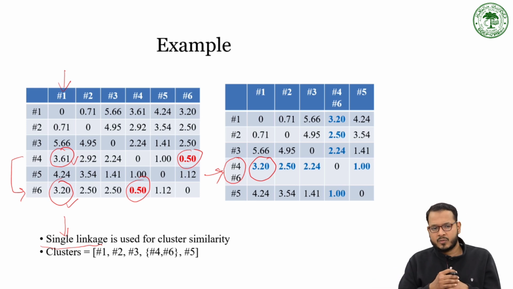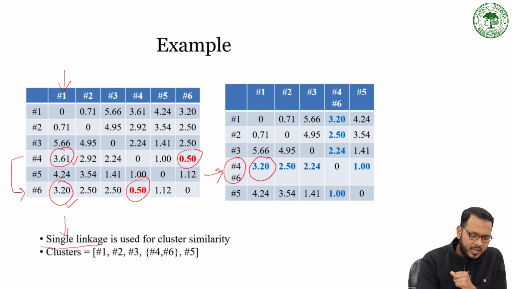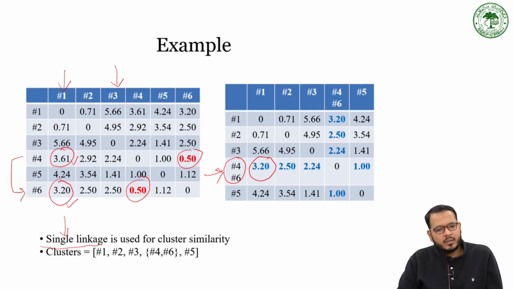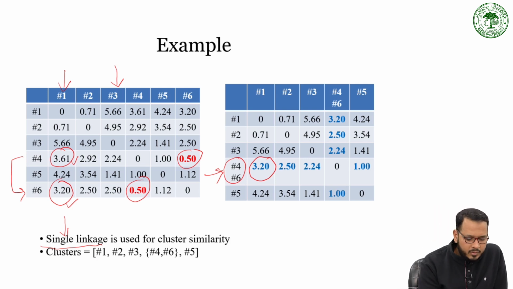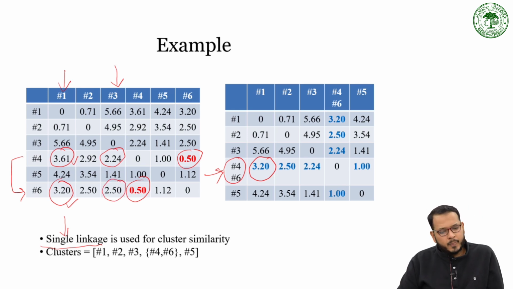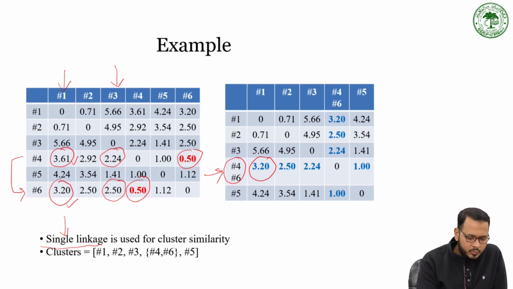The same goes for other clusters as well. Let's do one more example. Let's say I want to check how far 3 is from the cluster 4 and the cluster 6. If you observe, cluster 3 is closer to 4 and this distance is less than the distance to 6.